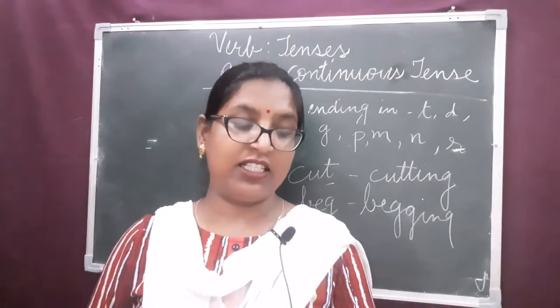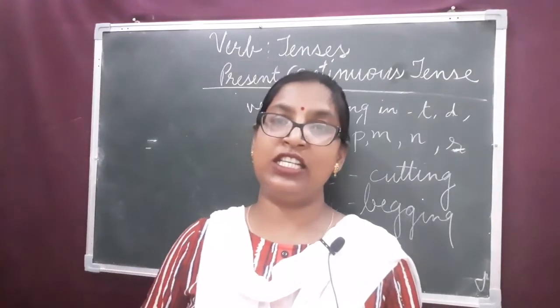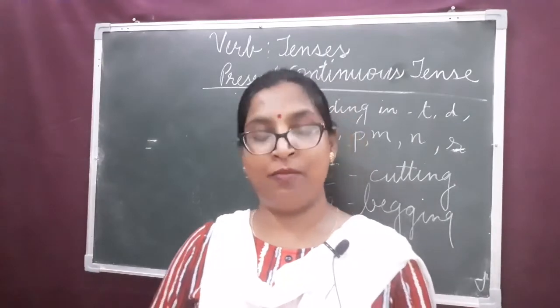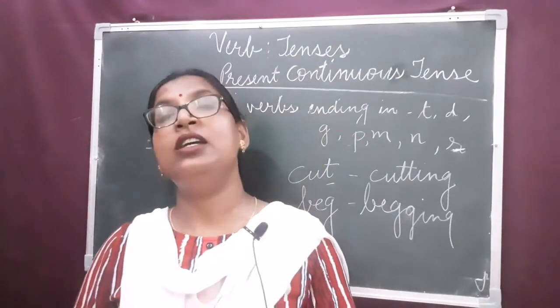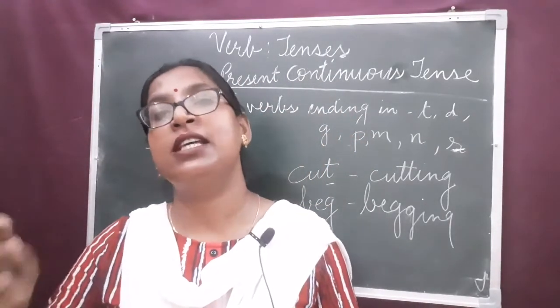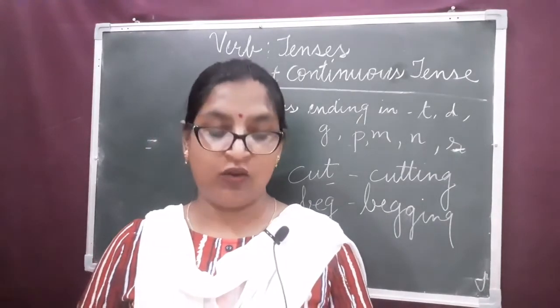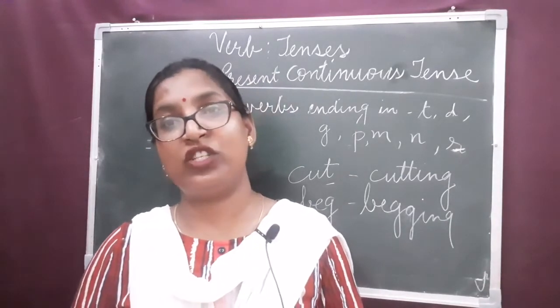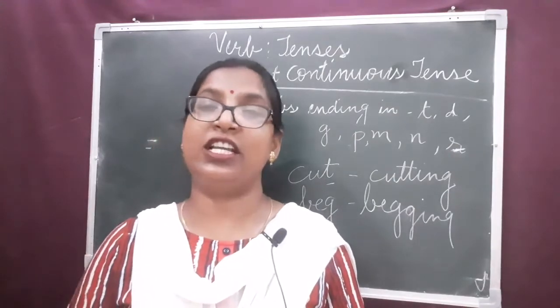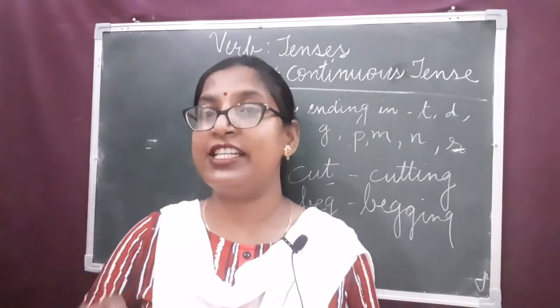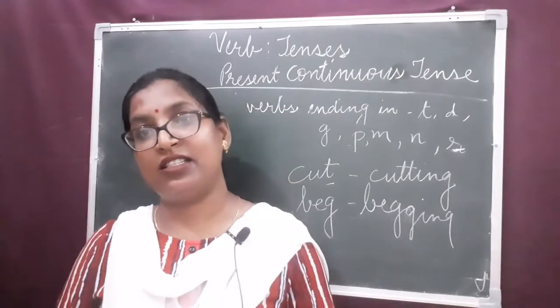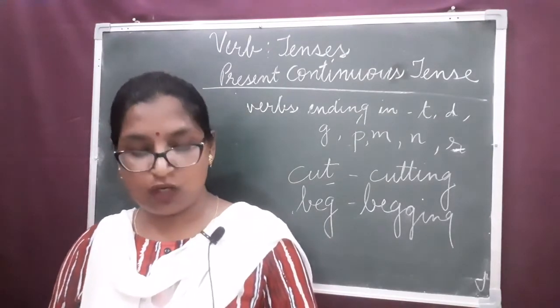And some verbs which are ending with T, D, G, M, N, R, etc., the last letter is doubled. The last letter is repeated. For example, cut ending with T, C-U-T, cut. C-U-T-T-I-N-G, cutting is the present continuous form.